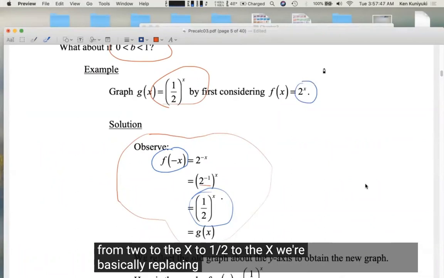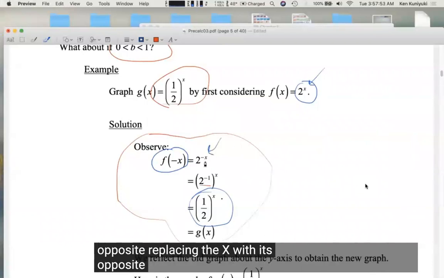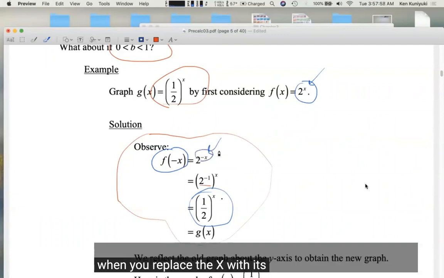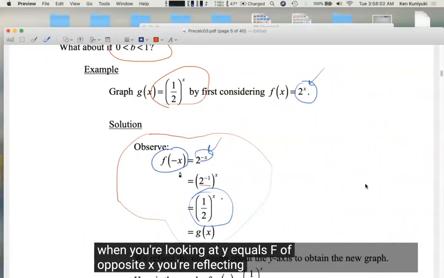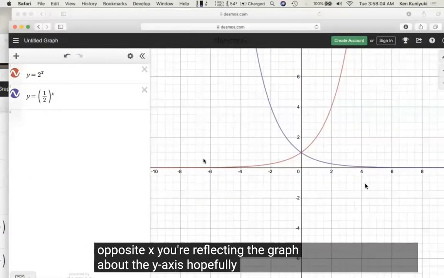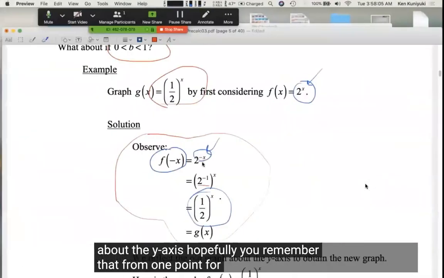We're basically replacing the x with its opposite. When you replace the x with its opposite, when you're looking at y = f(-x), you're reflecting the graph about the y-axis. Hopefully you remember that from 1.4.